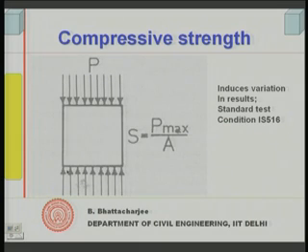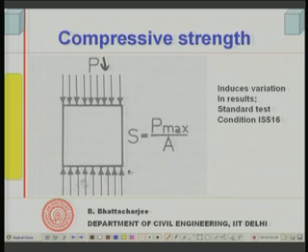We apply uniaxial load onto the specimen. We are applying load only along this direction, and so the reaction from the bottom plate comes from this side, and the compressive strength is measured as P max, the maximum load it can carry before failure, divided by the area of cross section of the specimen.